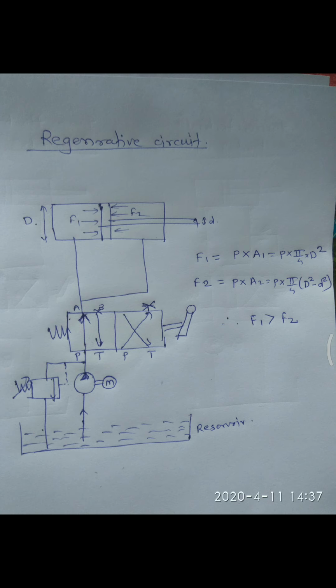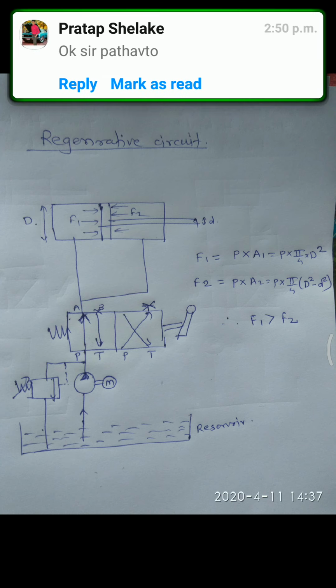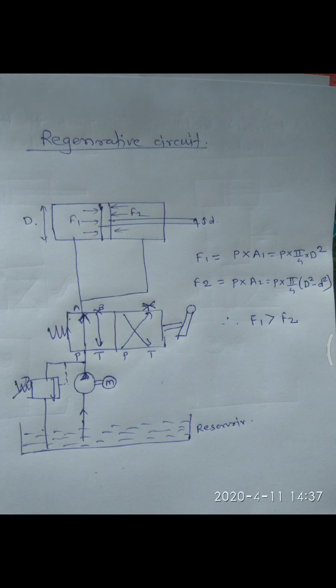So whatever fluid is present on the piston side goes inside the tank. And of the fluid present on the rod end side, some part goes into the rod end side and some goes into the tank. This is the return stroke for the regenerative circuit.